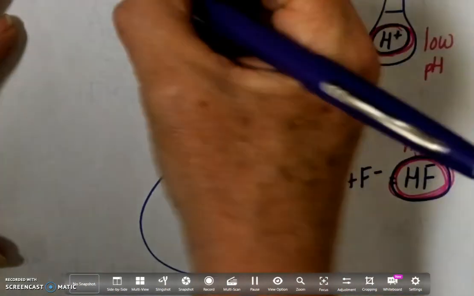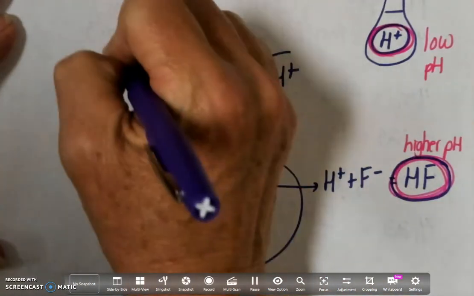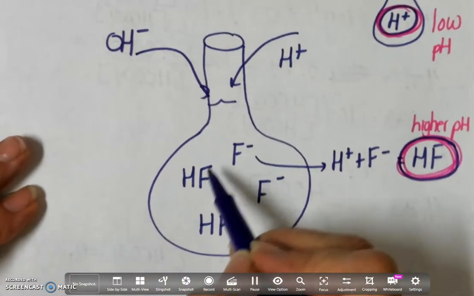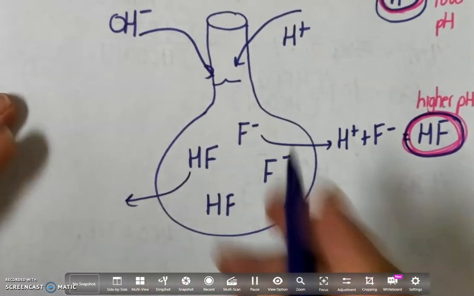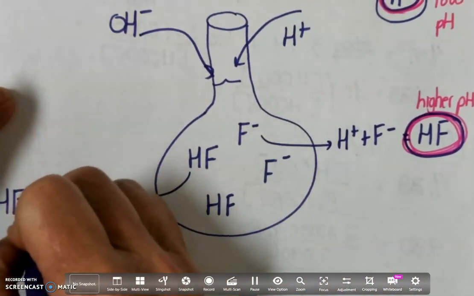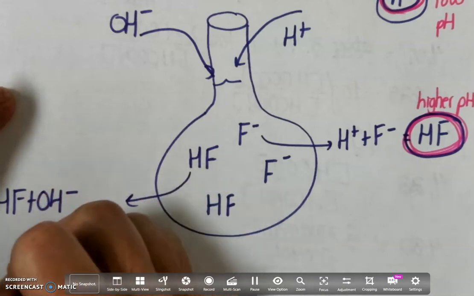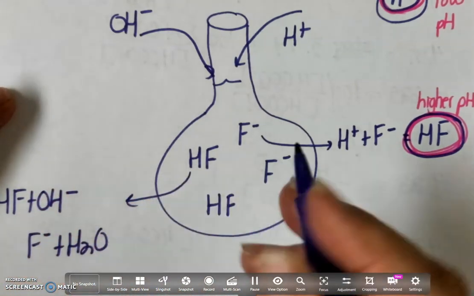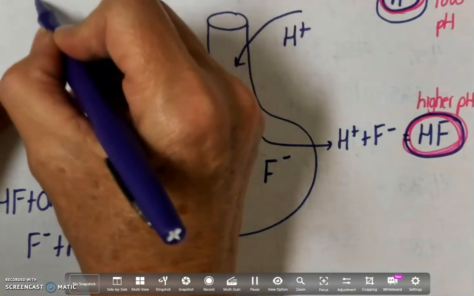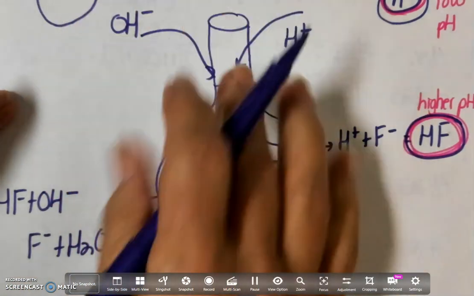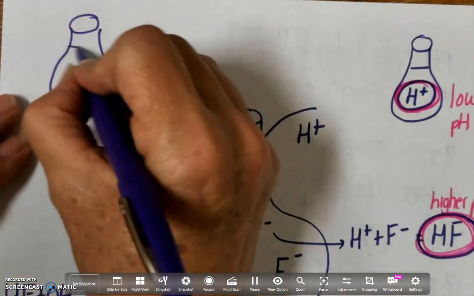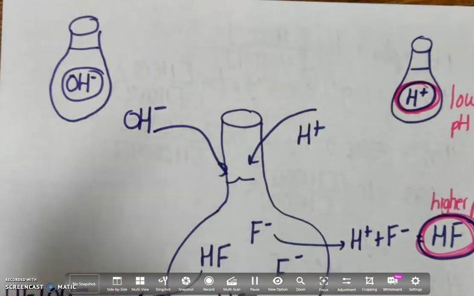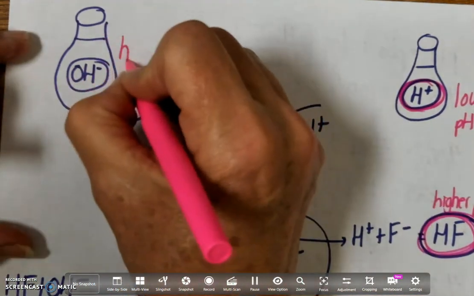I can do the same thing with OH. When I add OH minus, it's going to react with this one. So HF plus OH minus is going to give F minus plus H2O. If I had added this to a regular flask like this, I would have had OH minus in water, and this would have been a high pH.